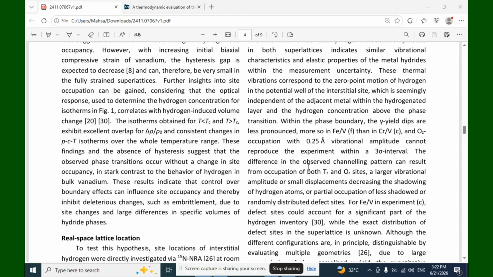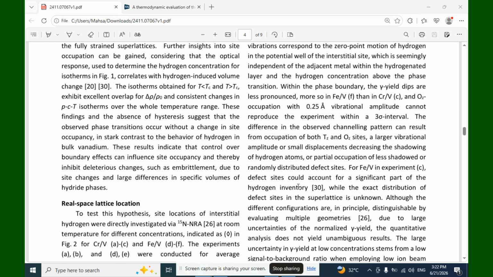The difference in the observed channeling pattern can result from occupation of both T and O sites, a larger vibrational amplitude or small displacements decreasing the shadow of the hydrogen atoms, or partial occupation of less shadowed or randomly distributed defect sites. For Fe experiments, defect sites could account for a significant part of the hydrogen inventory, while the exact distribution of the defect sites in the superlattice is not known.